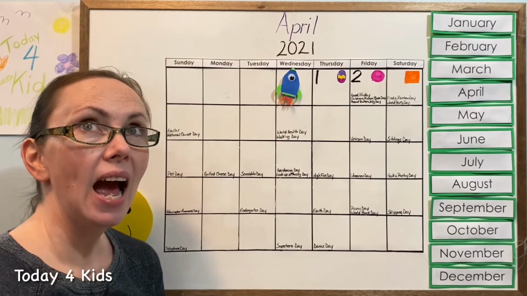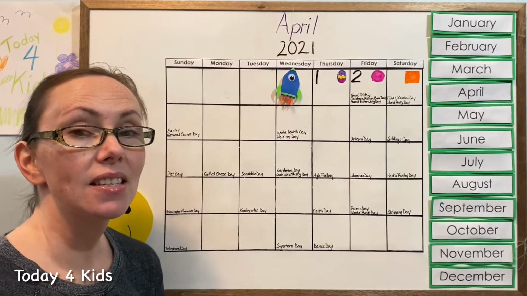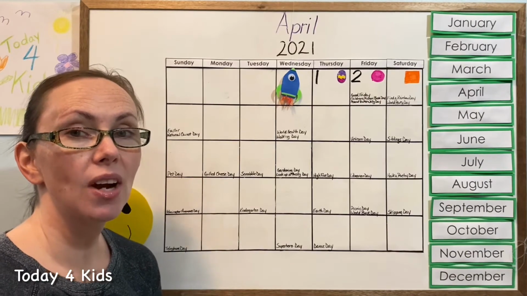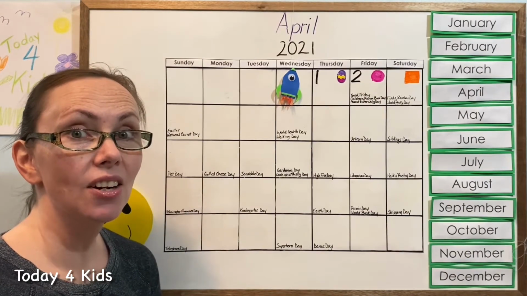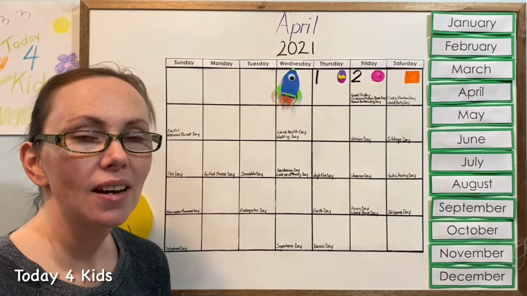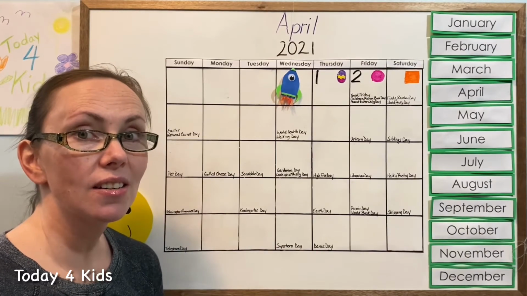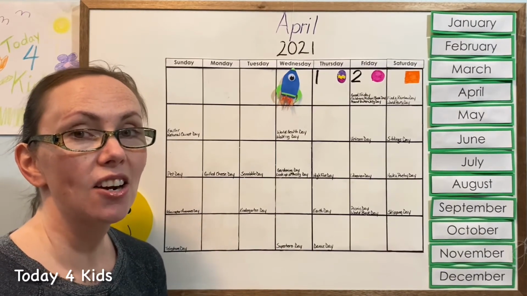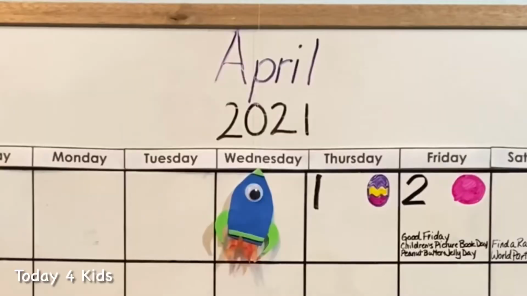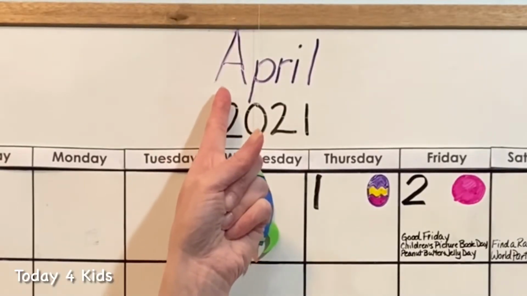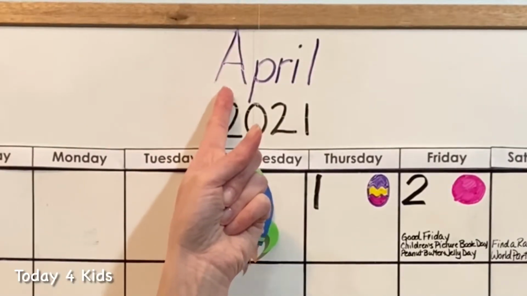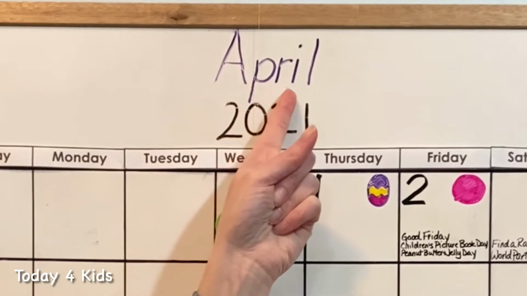If we say apple, that is the soft sound for A, and alligator. But what about ape? An ape is the hard, long sound for the letter A, just like April. So capital A because it is the name of our month, A, P-R-I-L.